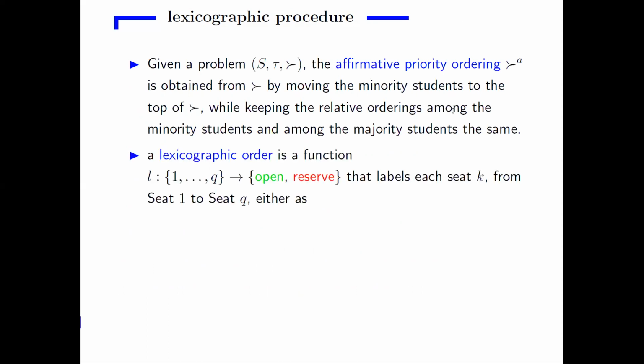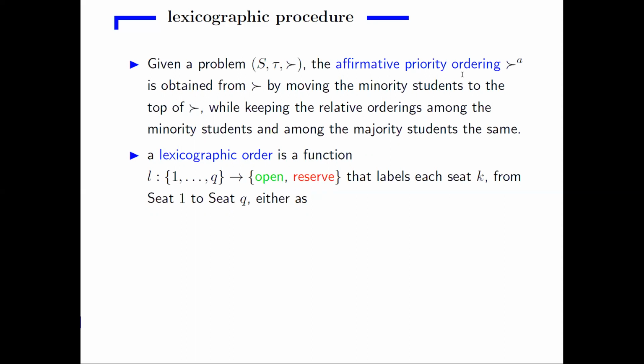And then a lexicographic order assigns, this school has Q many seats. It has a capacity of Q. A lexicographic order labels each seat either as an open seat or as a reserved seat. If it is an open seat, it will accept an applicant by looking at the priority ordering directly. If it is a reserved seat, then it will accept an applicant by looking at this affirmative priority ordering.